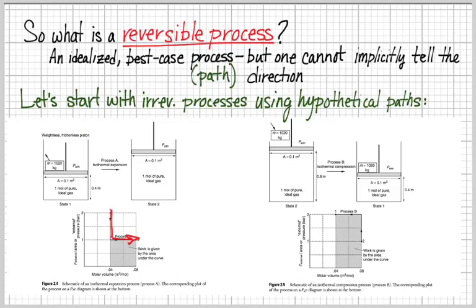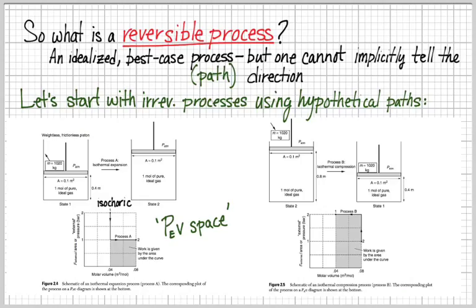Okay, I'm actually going from state 1 to state 2, and I am using two hypothetical paths, a change in molar volume first, that would be an isochoric change, followed by a change in pressure, an isobaric step next. And then I have a block underneath here that would be the energy that is work, expressed as work going out of the system to the surroundings.